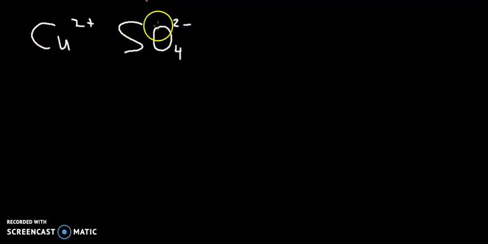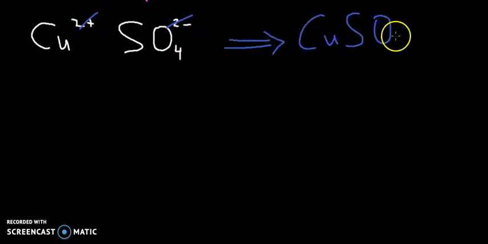I'll give you a few seconds to think about it. If you did the criss-cross here, you shouldn't. Because these have opposite charges, plus 2 and minus 2, they just cancel out and you get CuSO4.